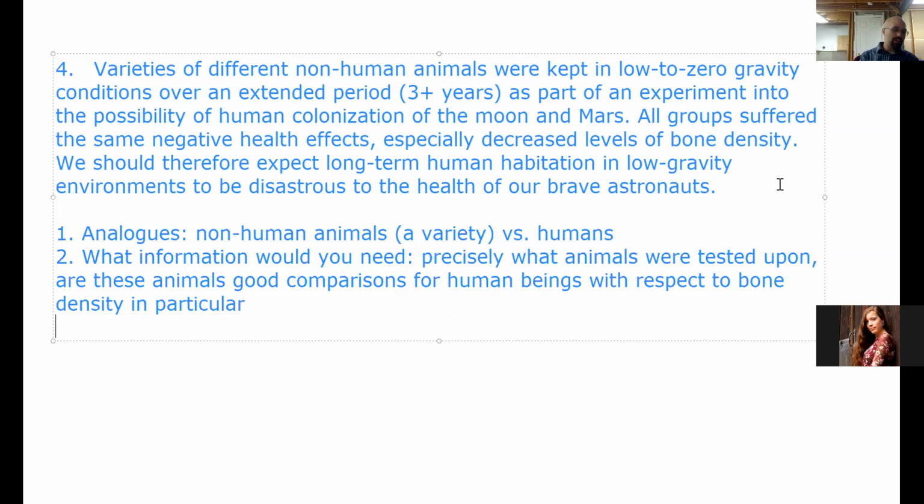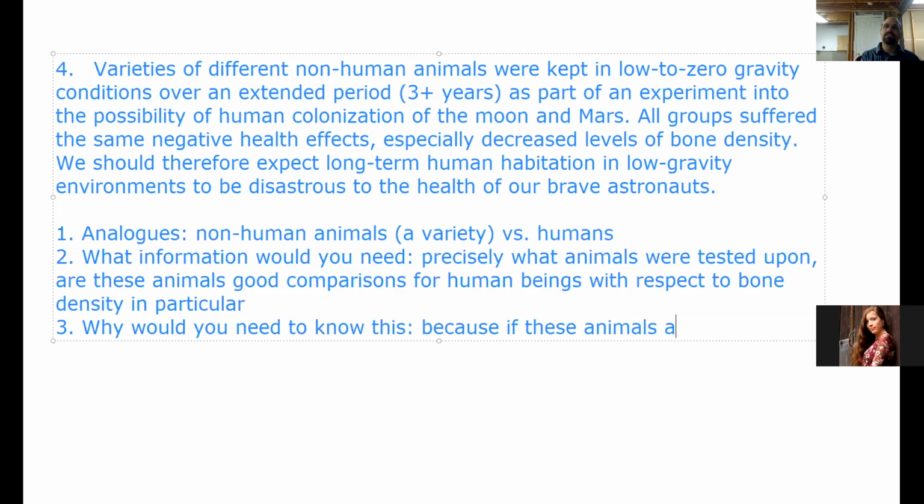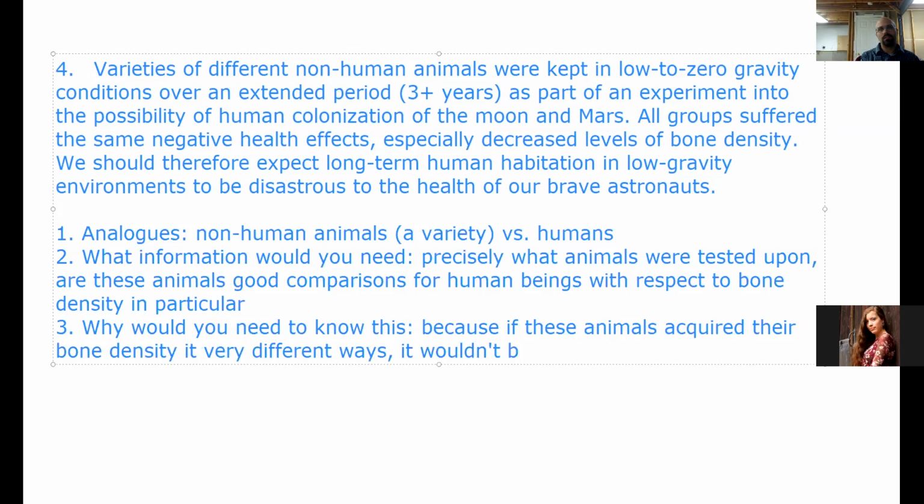All right, and why would you need to know this? Because if these animals acquire their bone density in a very different way, it's not a good analogy. One thing to note here, a couple people, not many, but I've suggested that this made the argument outright bad, and it doesn't do that.